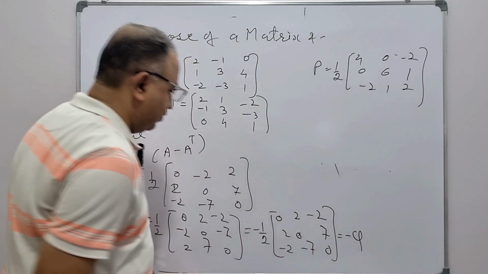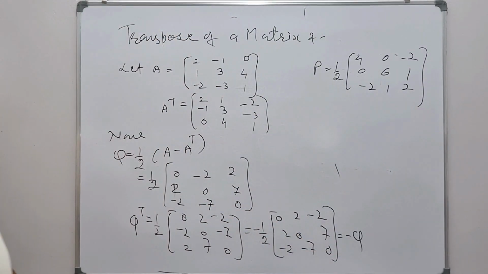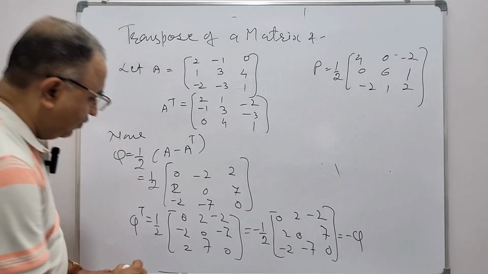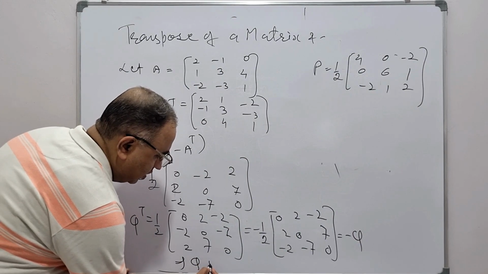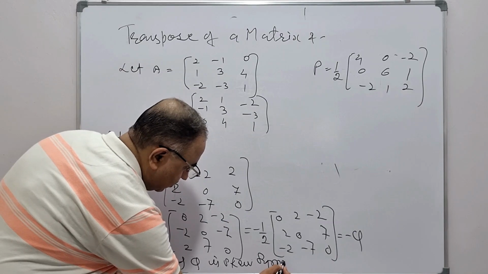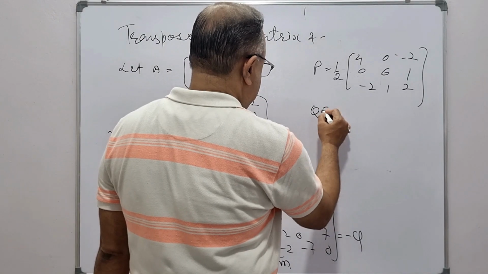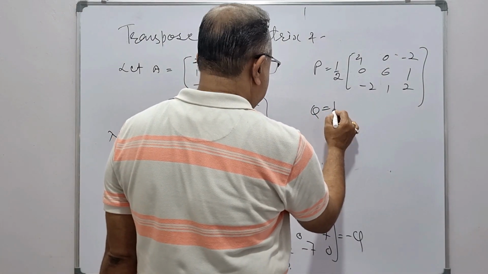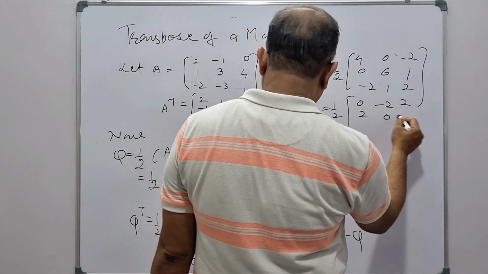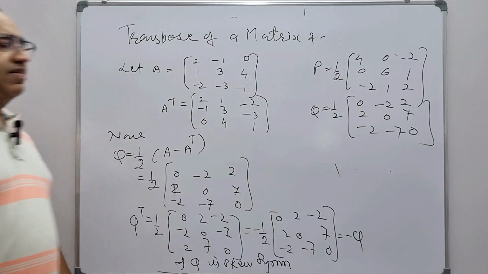It's the same as minus Q. We have taken minus out from each of these entries. So what you have seen is that transpose of Q is equal to minus Q. What it proves? That Q is skew symmetric. So Q is equal to half of 0, minus 2, 2, 0, 7, minus 2, minus 7, 0.